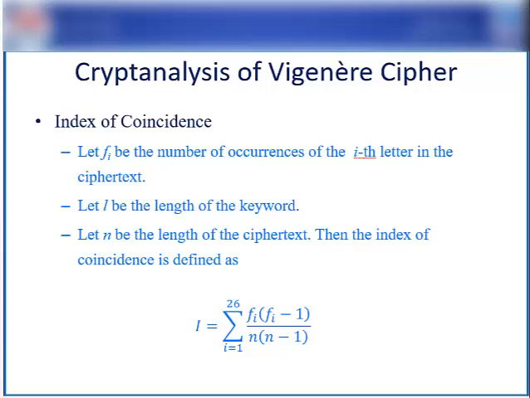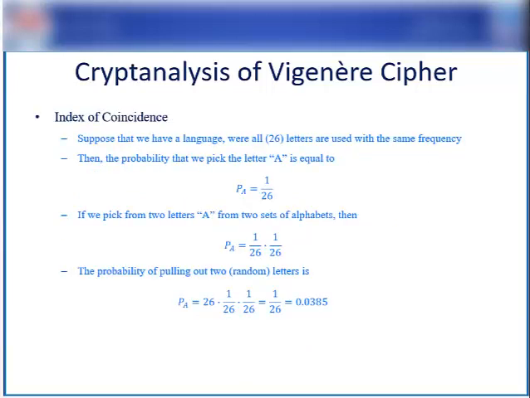For that, let Fi be the number of occurrences of the ith letter of the ciphertext, let L be the length of the keyword which we are trying to guess, and let N be the length of the ciphertext. Then we can calculate the index of coincidence by this formula. Let us show where this formula comes from.